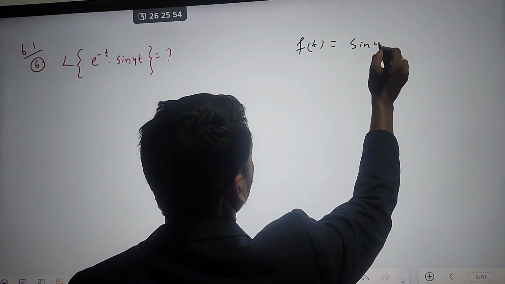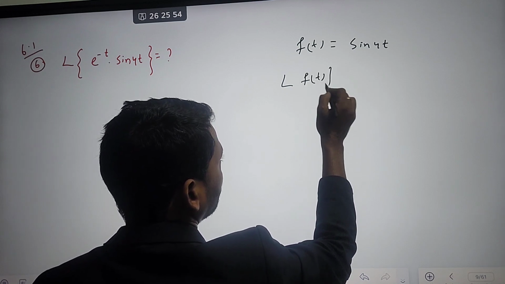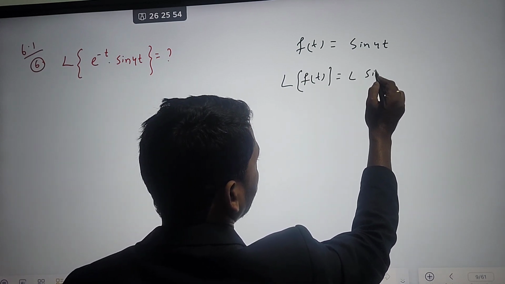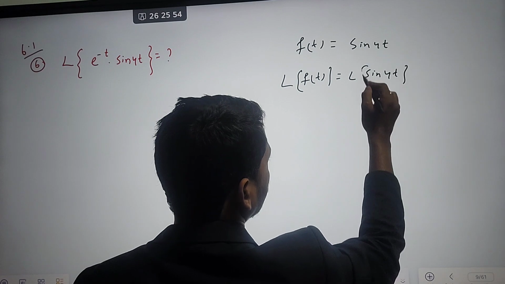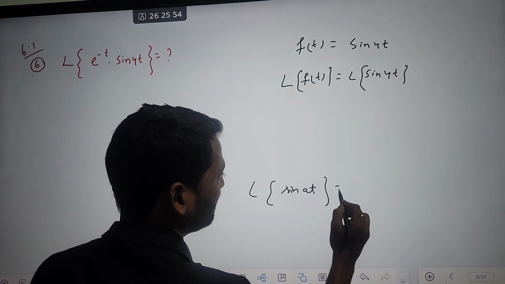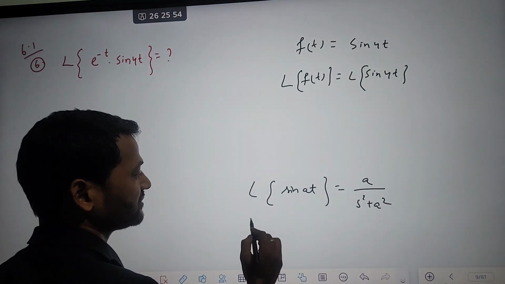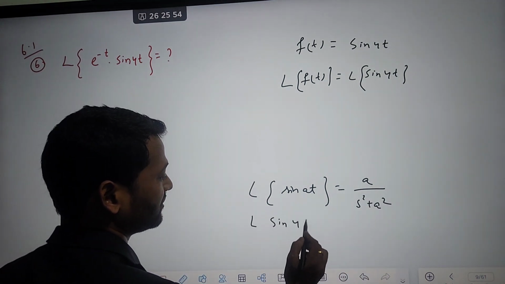Function is sin 4t. First you take Laplace of that function. Laplace of sin 4t, you know Laplace of sin at is a by s square plus a square. So what will Laplace of sin 4t be?